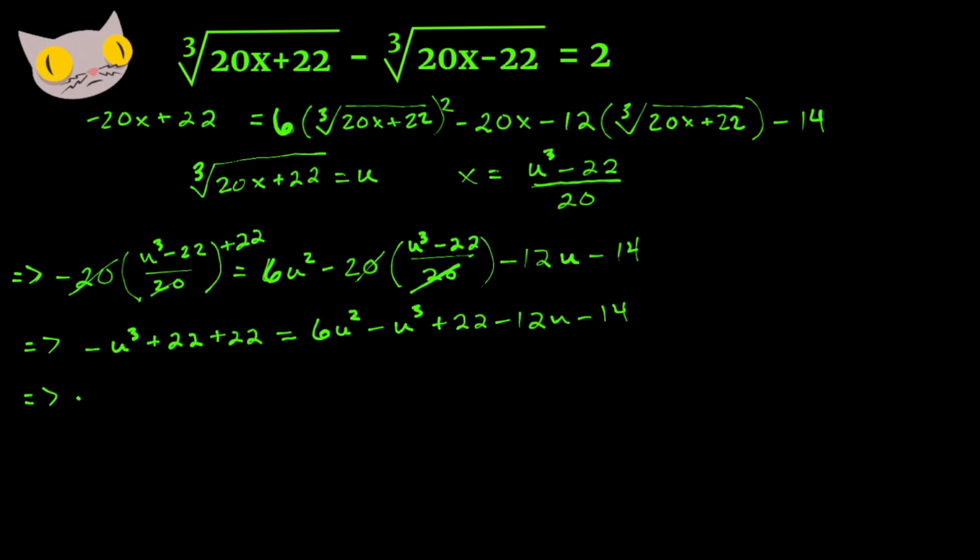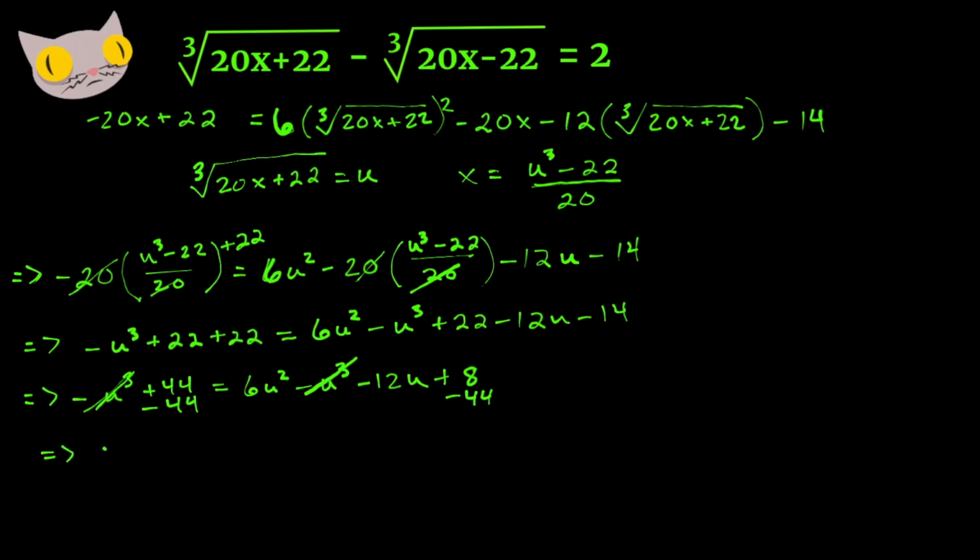That gives us negative u cubed plus 44 is equal to 6u squared minus u cubed minus 12u, and we'll subtract 14 from 22, which will give us plus 8. Let's go ahead and cancel negative u cubed from both sides, and then we'll subtract 44 from both sides.